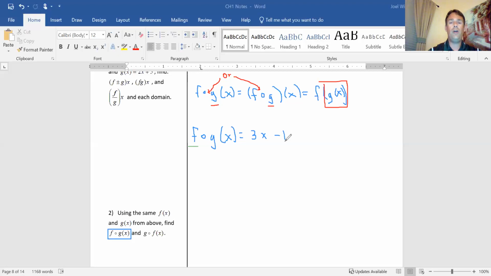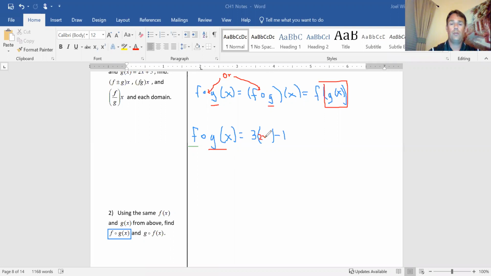So now wherever I see x in the outside function, I'm going to erase it and plug in the other function. So in this case, I'm going to plug in the g of x function, which was 2x plus 5.